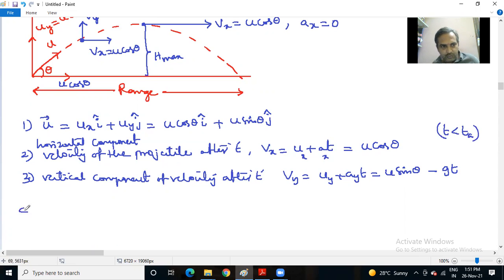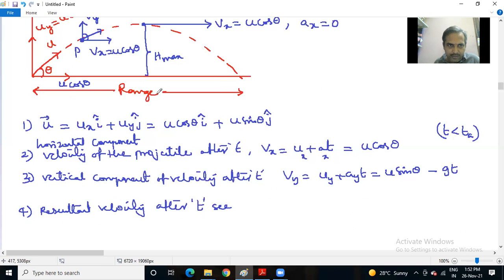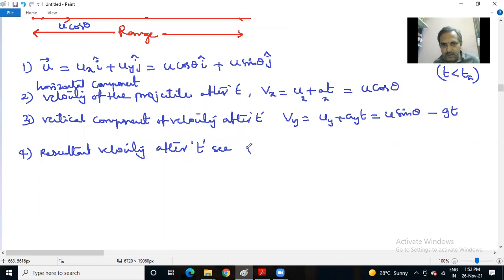Now, the fourth one is resultant velocity after t seconds, when it is at point P. So this is the direction of velocity. Vy and Vx are at 90 degrees, making use of the parallelogram law, the resultant Vr is equal to the square root of a square plus b square plus 2ab cos theta.